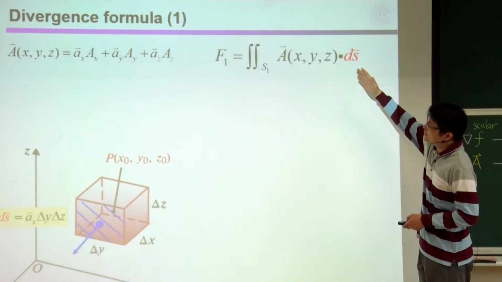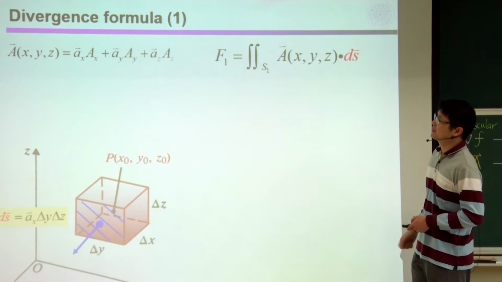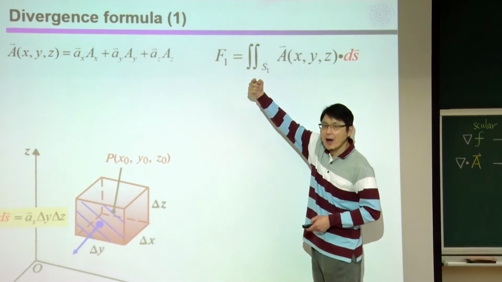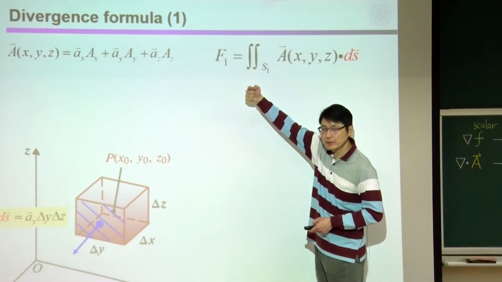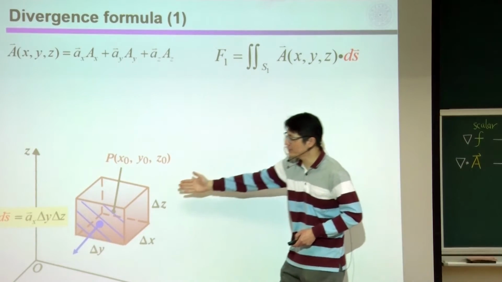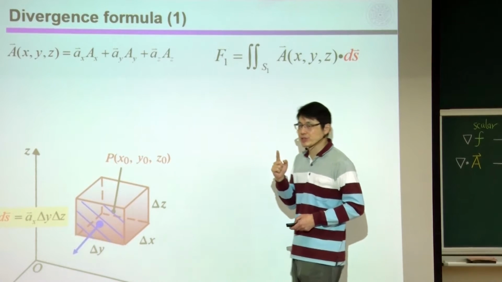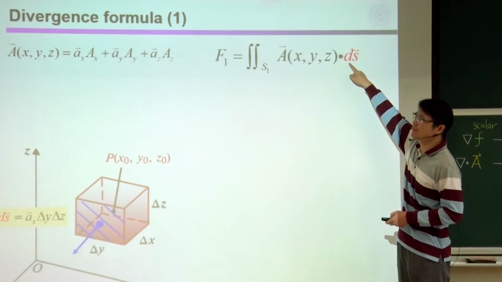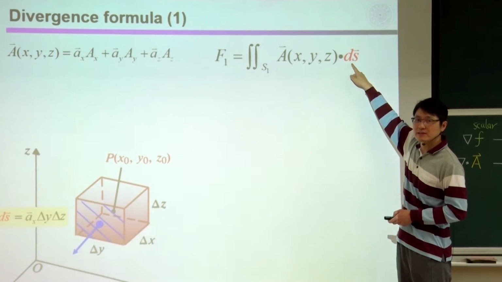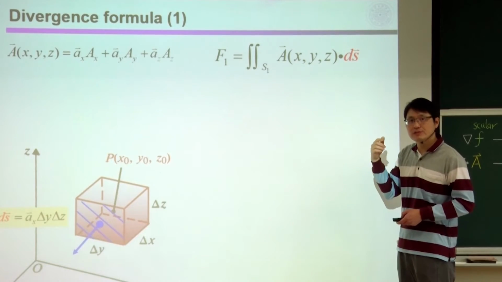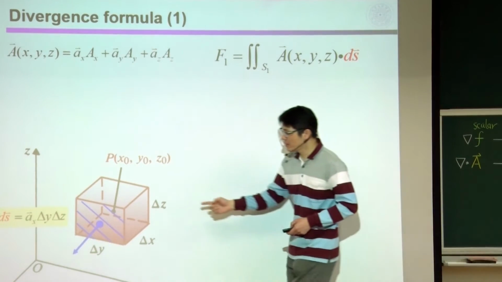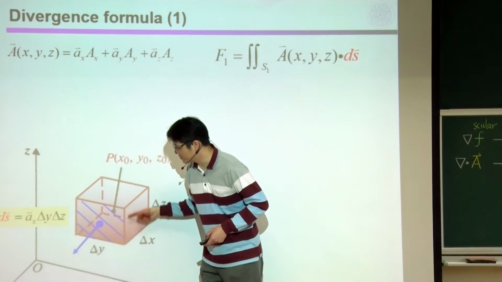So, I want to evaluate the outward flow, or flux, on this front surface. The first thing you have to ask yourself is how to properly formulate this ds, the differential surface, for this front surface.